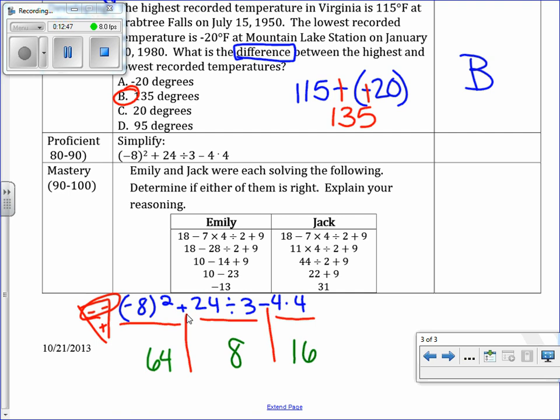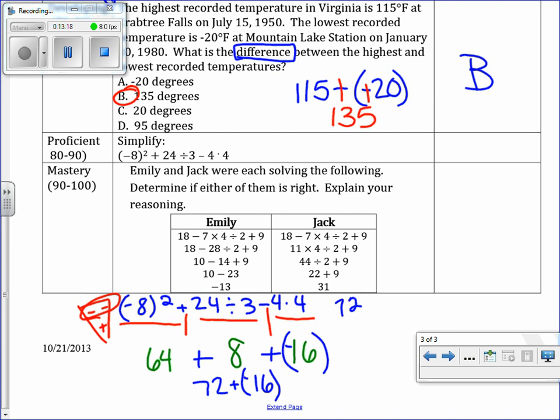So now I can go ahead and I can say 64 plus 8 minus 16, which I'm going to go ahead and change to a plus negative 16. So 64 plus 8, that's going to give me 72 plus negative 16. So I'm going to have to do 72. Remember, no calculator.